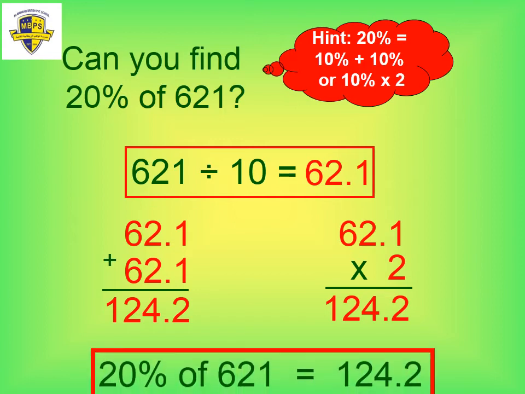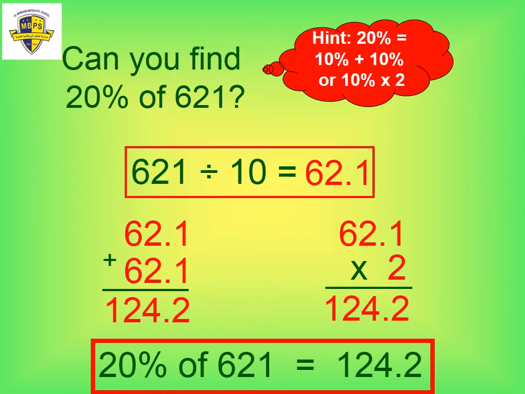Then in the factor we have only one decimal place, so down we put only one decimal place. We start counting from the right side, so the decimal will be between 4 and 2, and this is 124.2. Observe, both give us the same answer. So you can use any one you want.